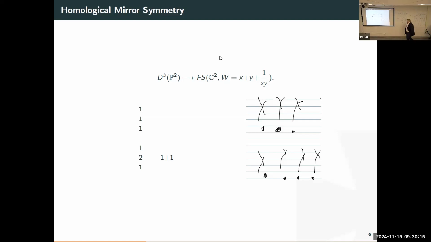So now let me look at a little bit more involved example, and that will be the example of two-dimensional cubic. That is a very classical example in birational geometry.